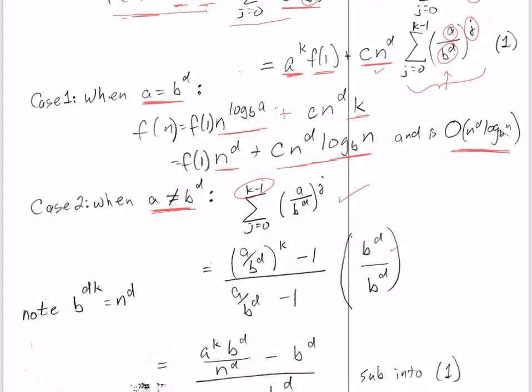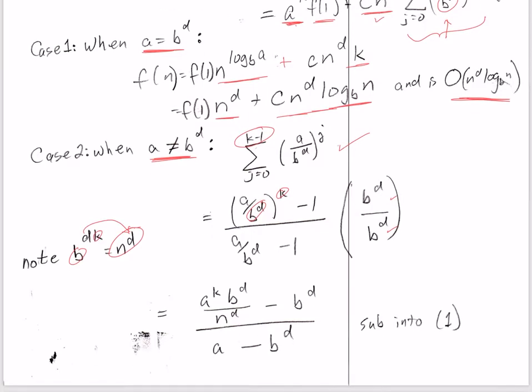Now I'm going to multiply both sides, the top and the bottom, by b to the d, a form of 1. And I note that b to the d to the k is just n to the d, because b to the k is n, leaving d as my exponent. And I'll multiply through the b to the d's.